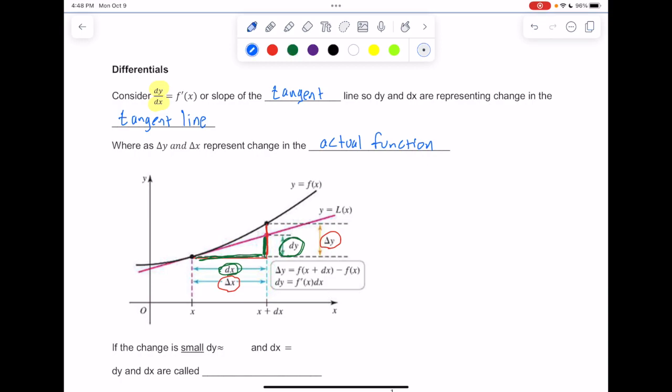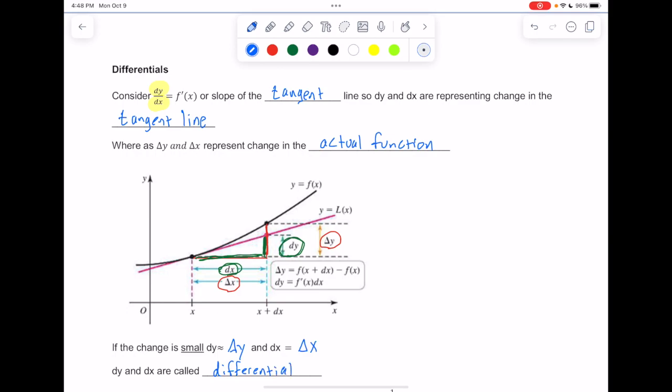So what we want to take advantage of with this differentials idea is that if you just look at a small change in x, then dy and delta y are almost the same. And dx and delta x are always the same. dy and dx are called differentials.